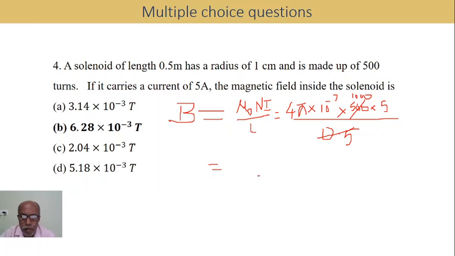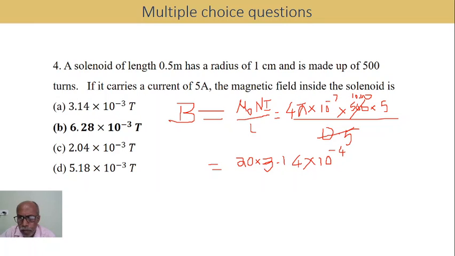And 4 into 5 is 20, 20 into 3.14, that is pi, 3.14 into 10 power minus 4.